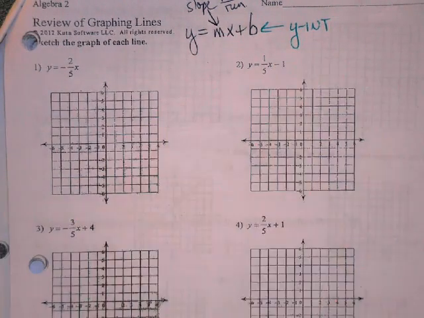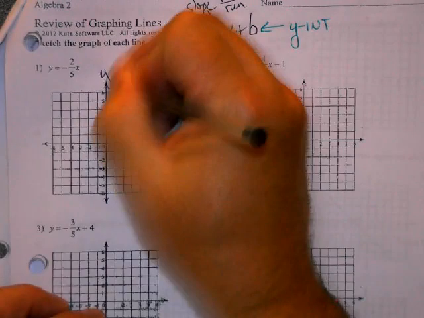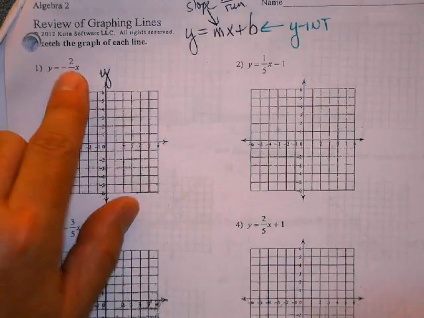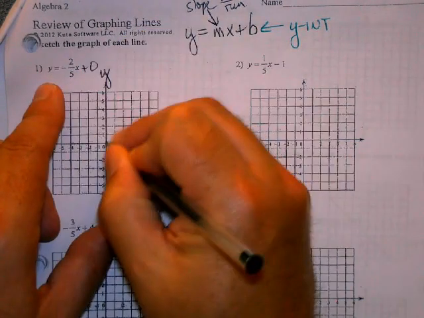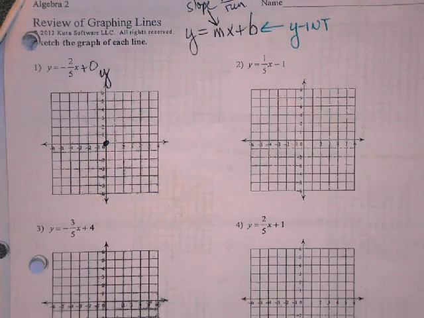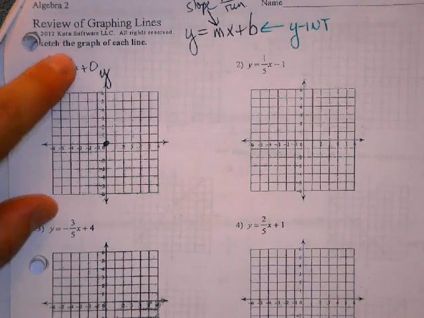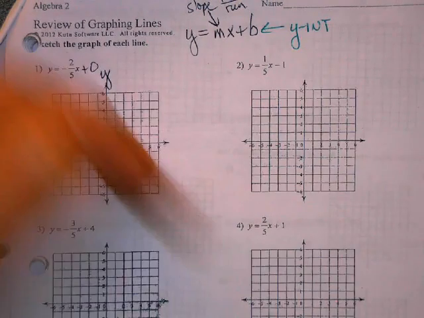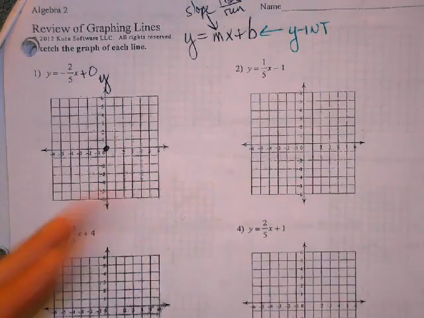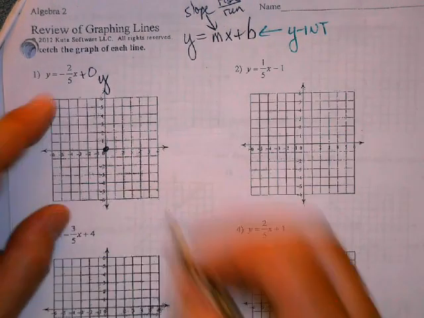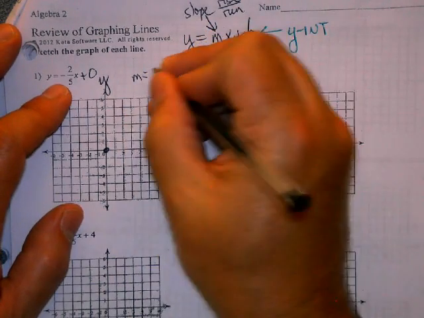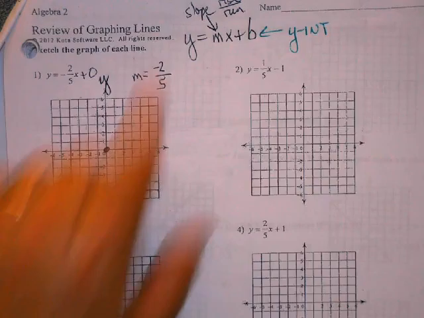Again, here's the y-axis. So if you don't have a y-intercept, we assume that's at 0. And if you have a negative slope, just remember in general, negative slopes go down to the right, positive slopes go up to the right. I always tell people, put the negative on one of the numbers, just not both. So I don't care if you put it on the 2 or the 5, but not both.